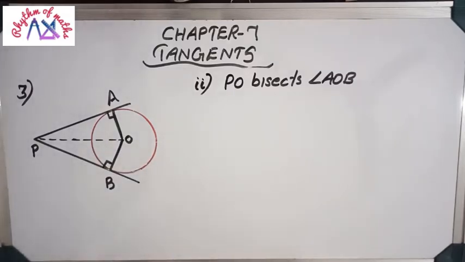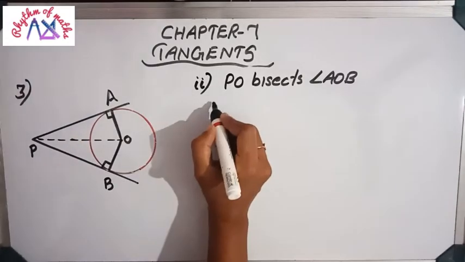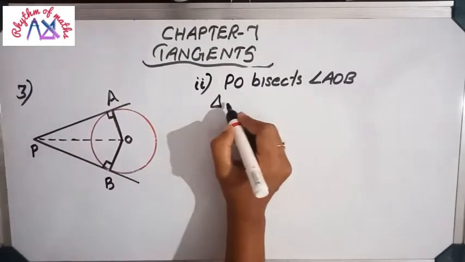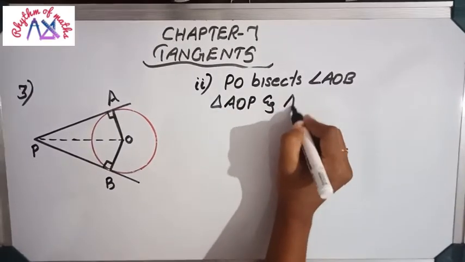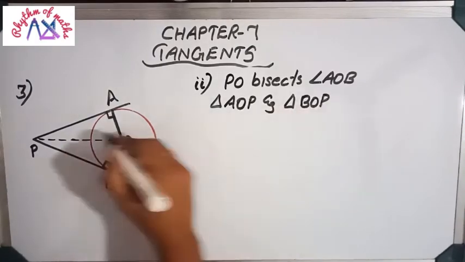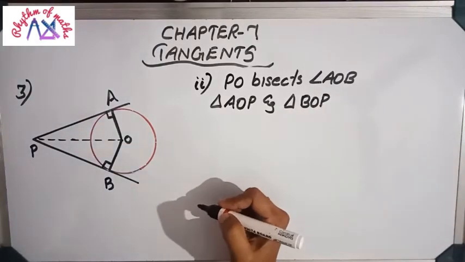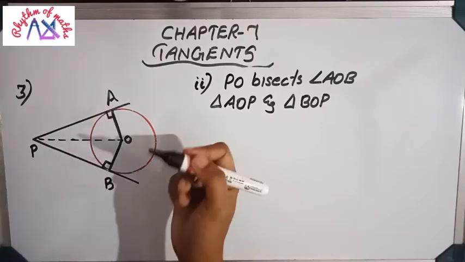So for that, here we have to consider the same method. That means two triangles we need to consider: triangle AOP and triangle BOP. Next, let's check which sides are equal and which angles are equal.